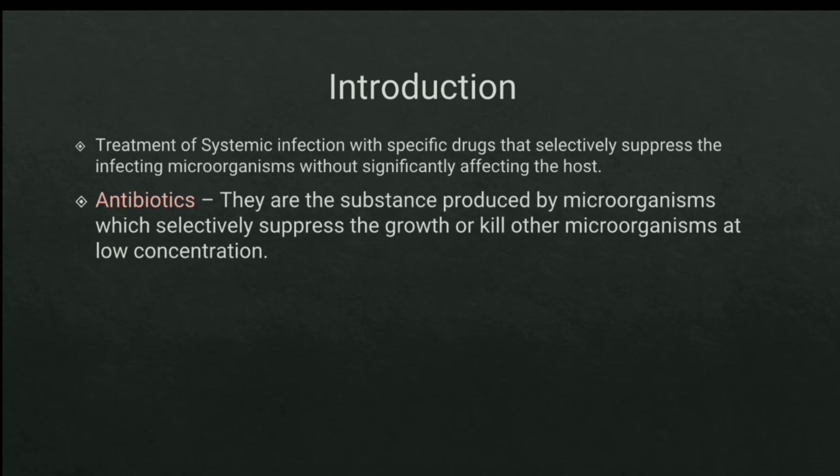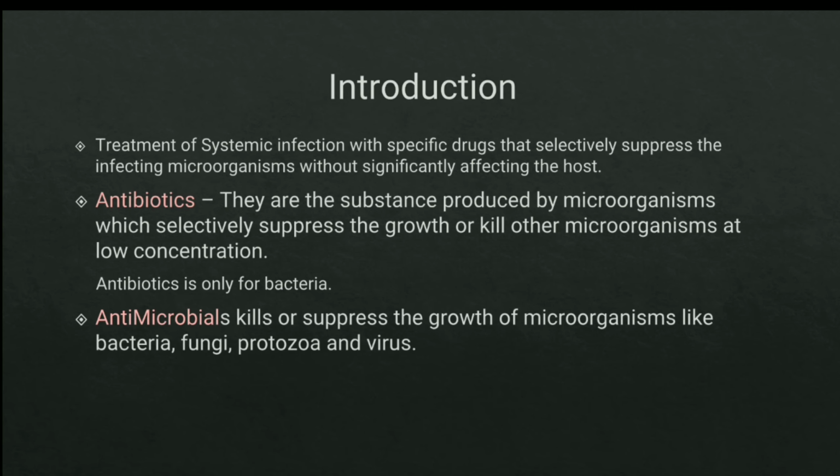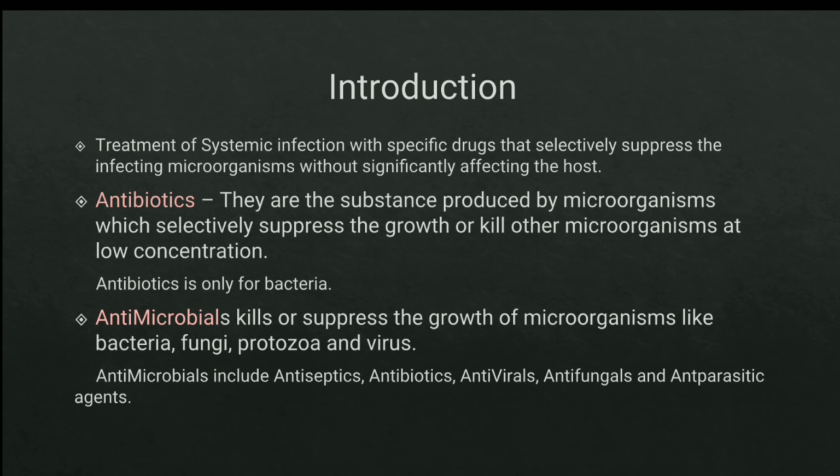So they kill microorganisms at low concentration. Antibiotics are generally for bacteria, but antimicrobials suppress the growth of microorganisms like bacteria, fungi, protozoa, and virus. So antibiotics come under the antimicrobials.